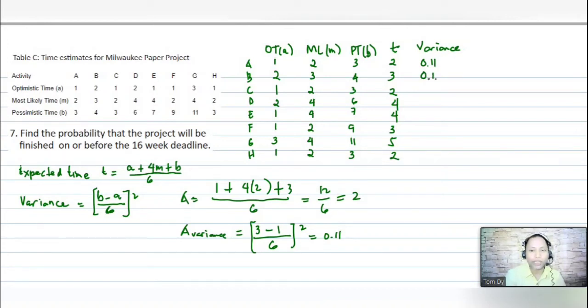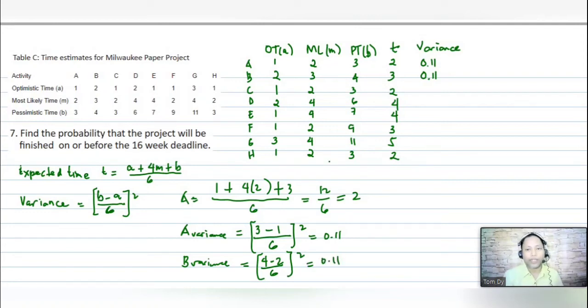All you have to do is compute using the same process. For B here, I will write variance for B, that is B minus A, 4 minus 2 over 6, raised to 2.